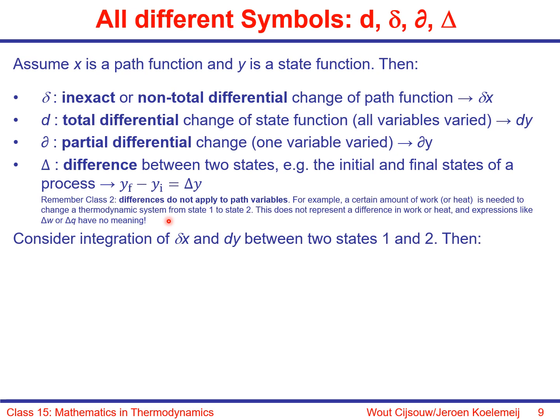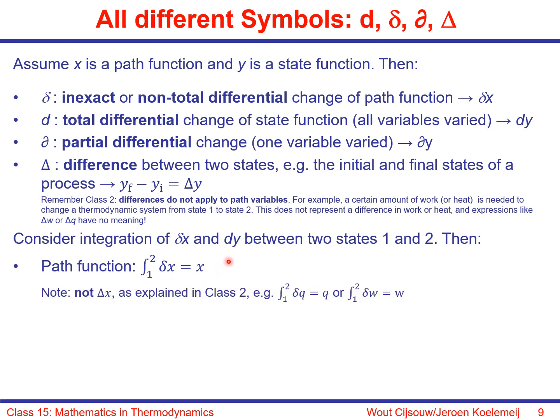Now, let's consider also that we are going to integrate this path function x and the state function y from a state 1 to a state 2. Then for the path function, we write the integral, this path integral again, for this inexact differential, and that gives us our value x.